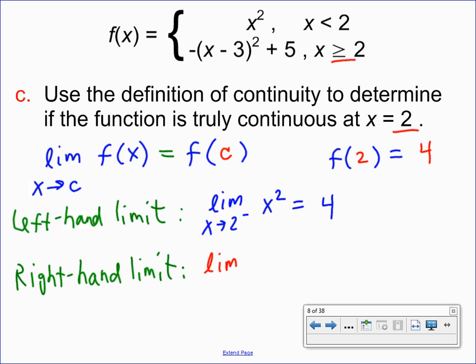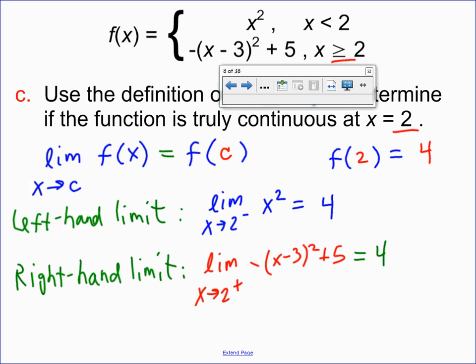So the limit as x approaches 2 from the right-hand side is given by the opposite of x minus 3 quantity squared, plus 5. Is 2 in the domain of this expression? Yes, in fact, we just evaluated that expression once to get the value of f at x equals 2, and I get 4. Does the overall limit exist? Yes.